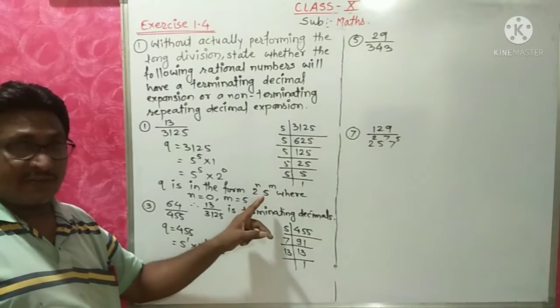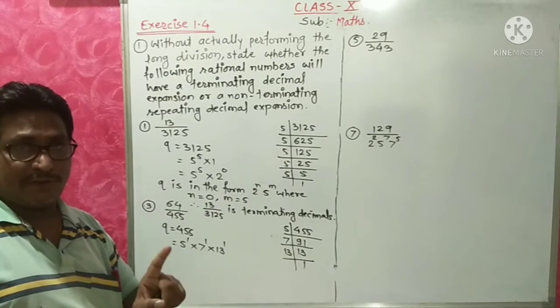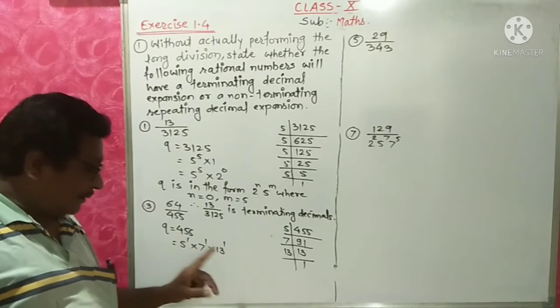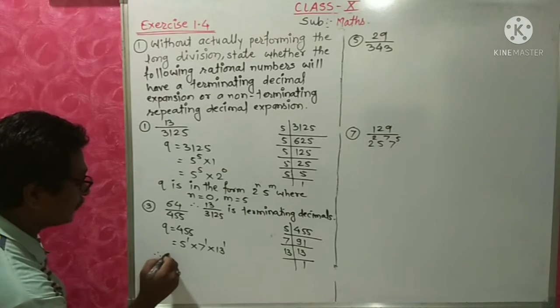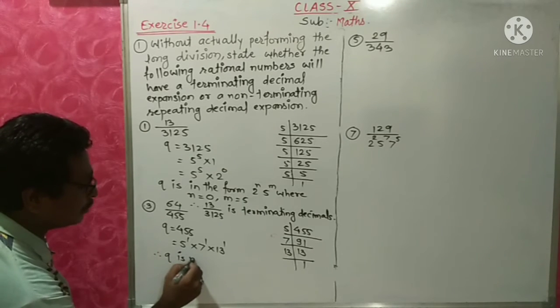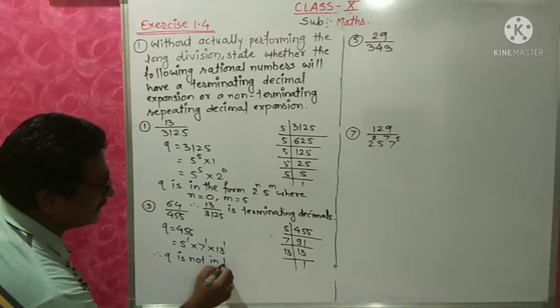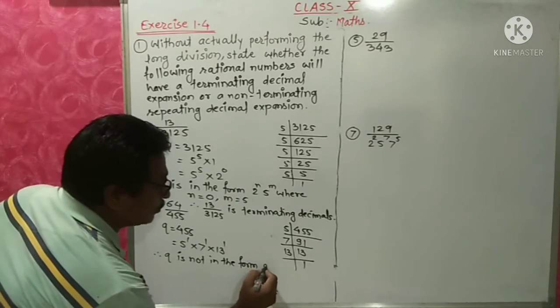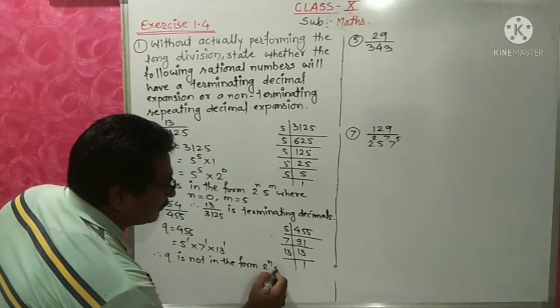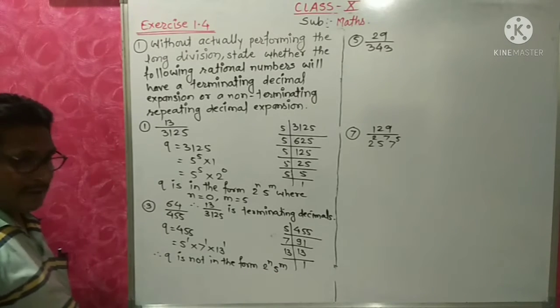Prime factorization should contain 2 and 5 only, not other numbers. But here other numbers are there. Therefore Q is not in the form 2 raised to the power n, 5 raised to the power m.